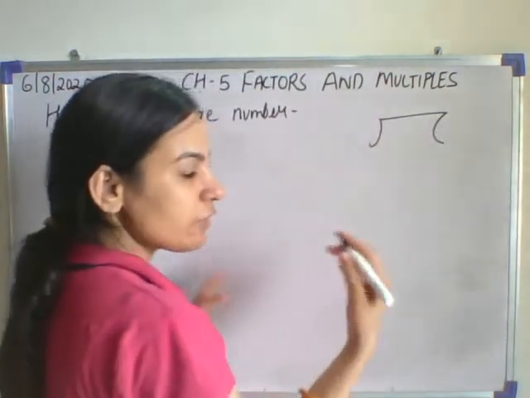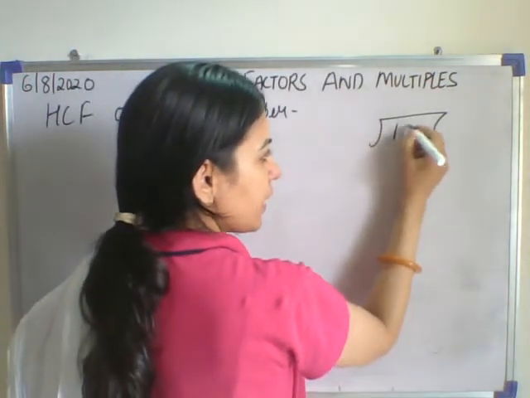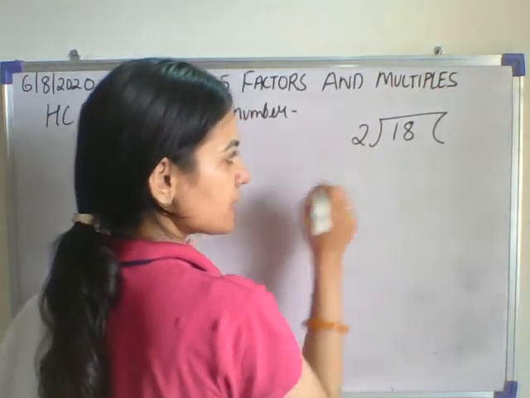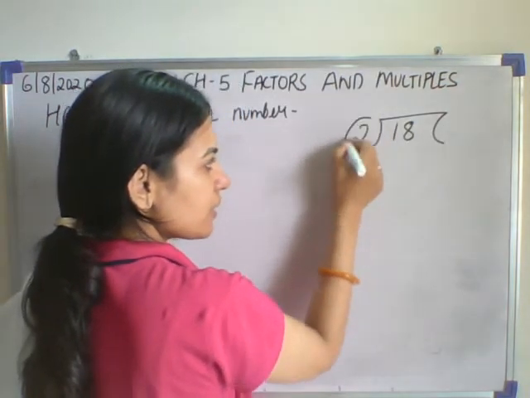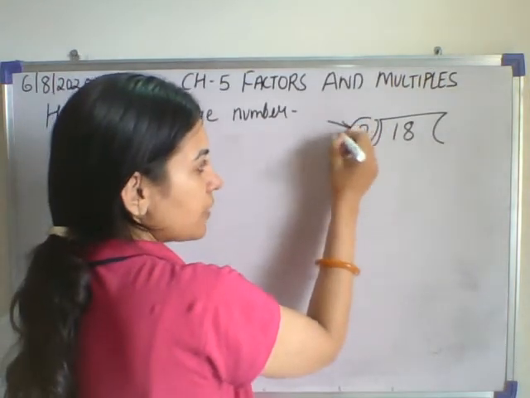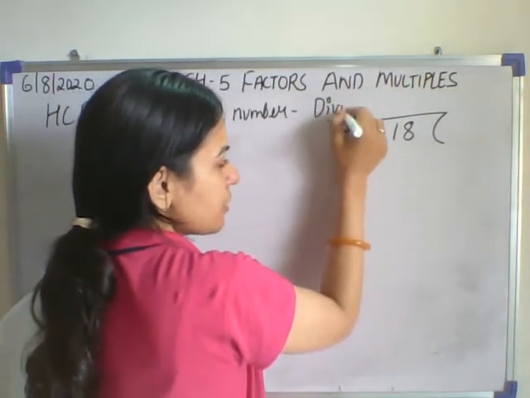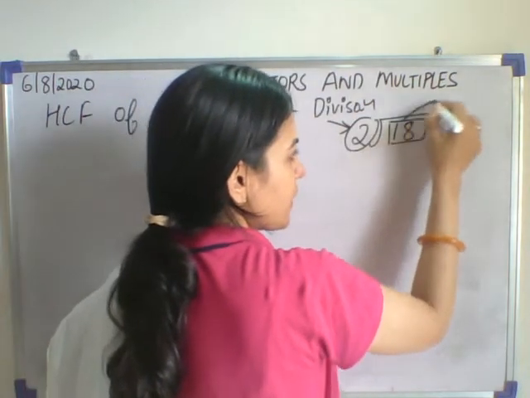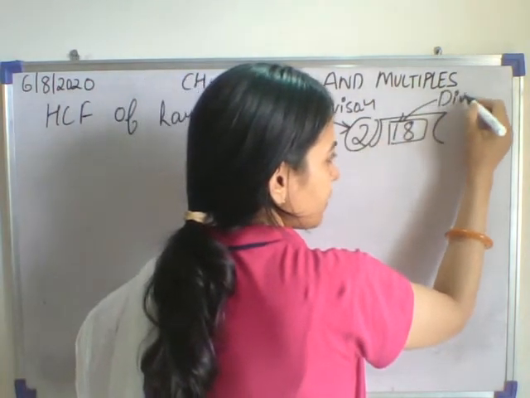In the brackets, whenever we do division, here I write the number 18, and here I am writing 2. So this 2 is known as the divisor. This thing should be clear. The 18 is known as the dividend.